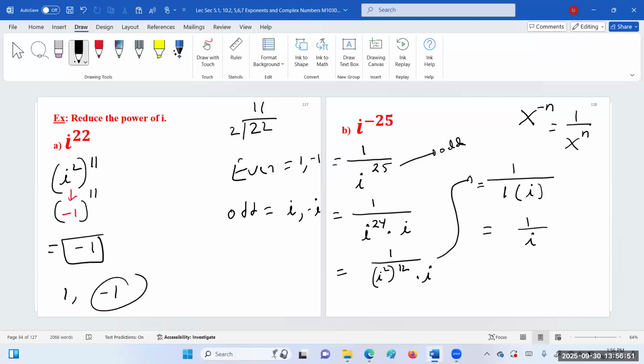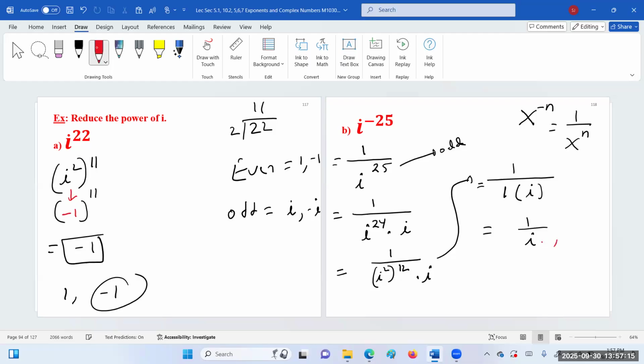But can you stop here? You can never have i on the denominator. So what do you do? How do you get rid of the i from the denominator? You cannot just flip it. We learned it at the beginning of the class. How do you get rid of the i from the denominator?